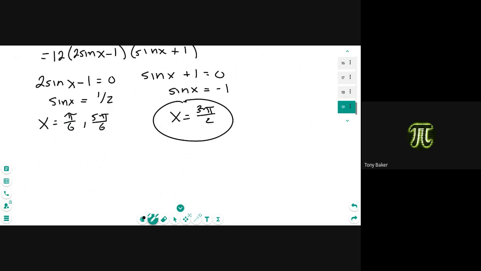They want the exact answer, so you can't just plug in Desmos and get it. Actually, you can. The scientific calculator will give it to you, because it's a fraction.